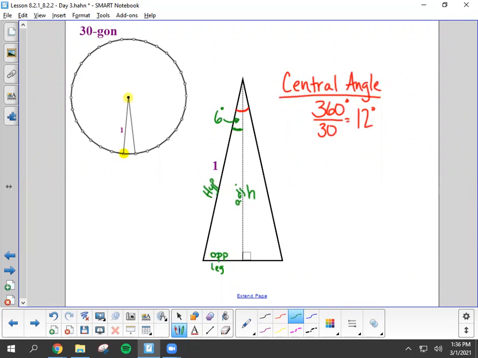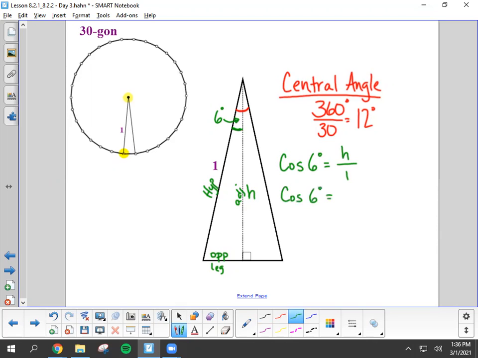Since I am looking for the height and I have the hypotenuse, I am going to do the cosine. So I can do the cosine of 6 degrees, and that will equal my adjacent leg, which is the height of my triangle, divided by my hypotenuse, which is 1. Since it's just 1, h divided by 1 is just h.